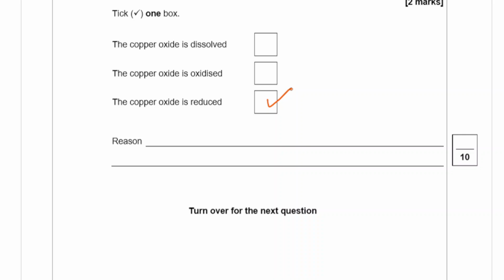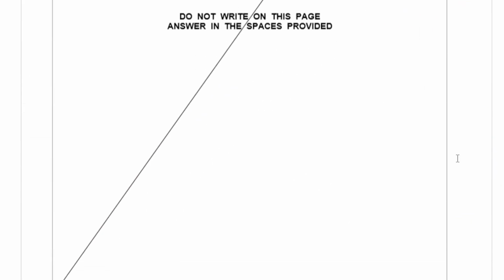It is being reduced because the reason is copper oxide, CuO, let's write it properly, CuO loses the oxygen.